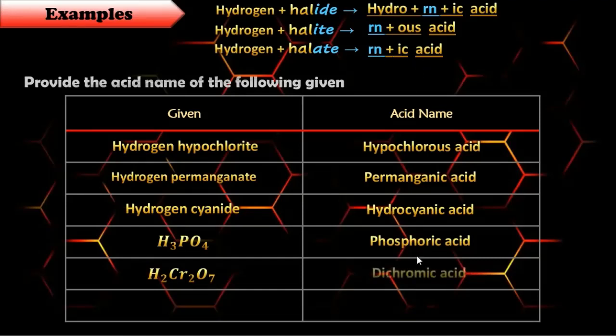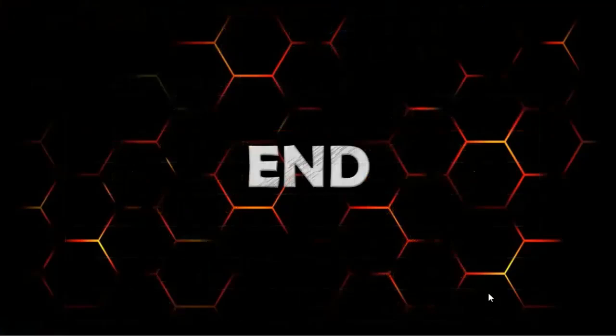And the last example, hydrogen plus SO3, which is sulfite. So that is hydrogen sulfite, ends with ITE. So that is root name plus OUS, sulfurous acid. That ends our discussion of our last topic for this quarter.